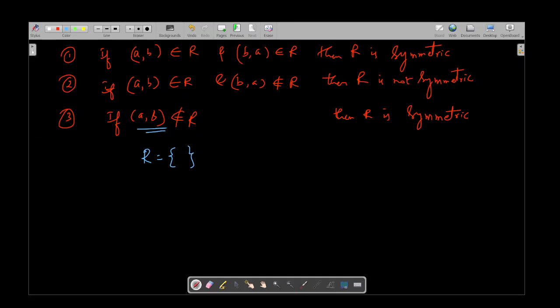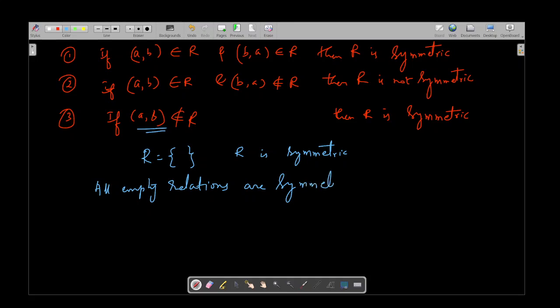So here we can say R is symmetric, because if (A, B) itself is not in R, we need not check for (B, A). In such cases, R is symmetric. So all empty relations are symmetric.